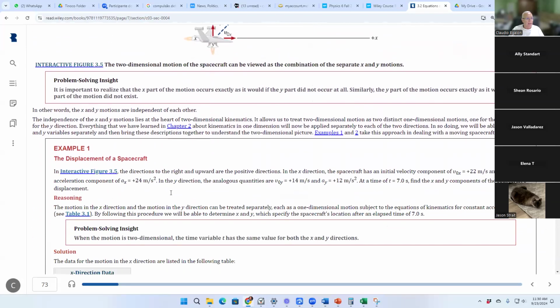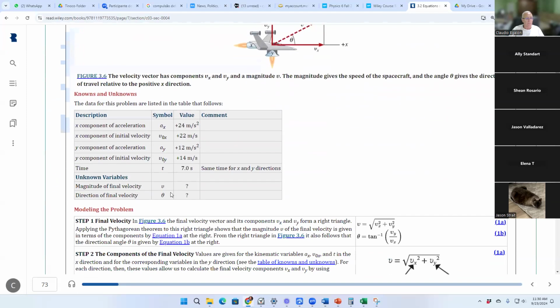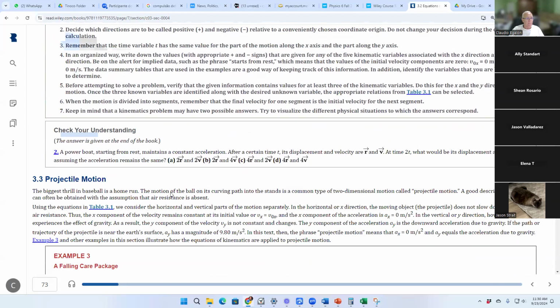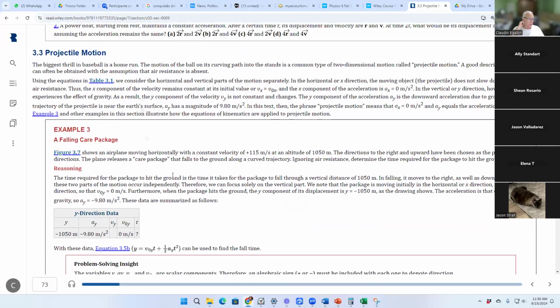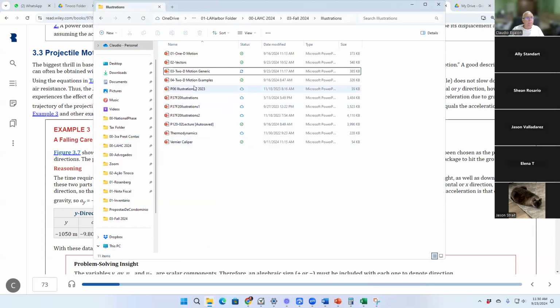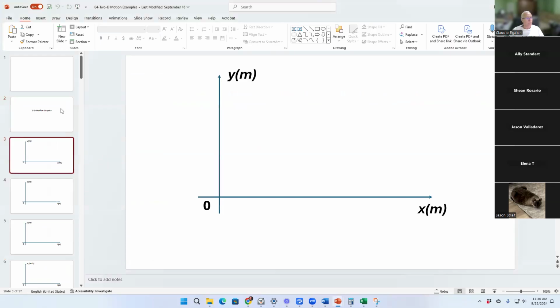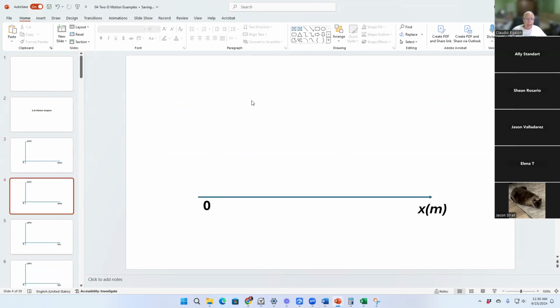Okay? And then we are going to talk about projectile motion. Let me get my illustrations for projectile motion. Okay, so here you go. Since you are dealing with 2D motion, you will always need an X and Y axis, right?